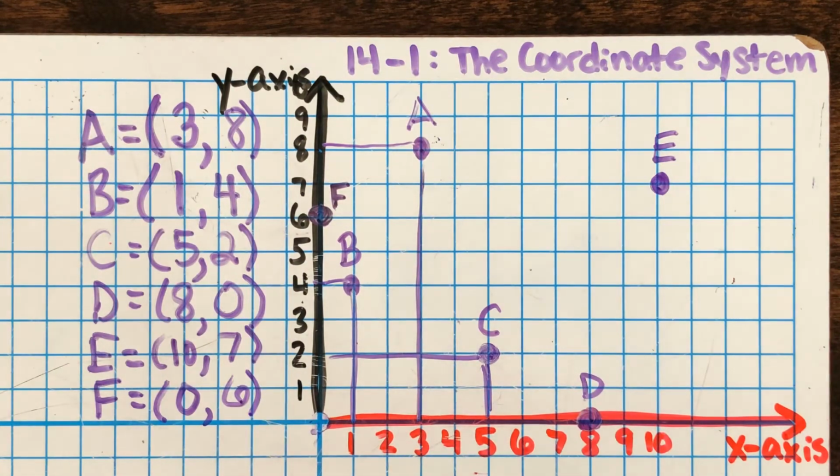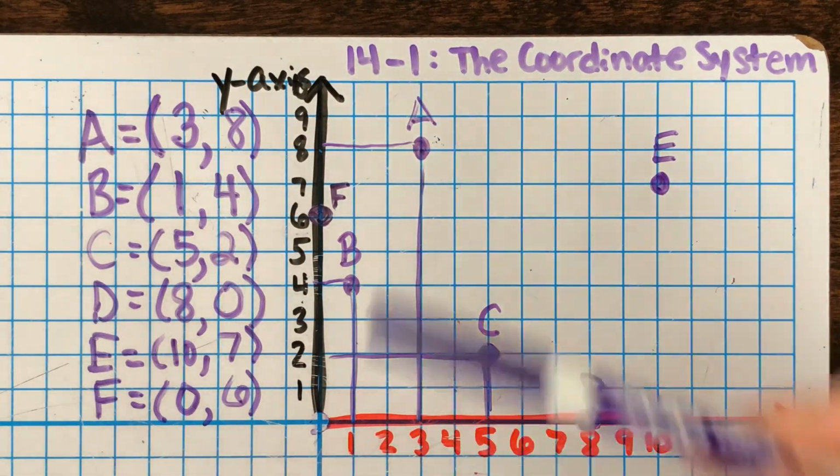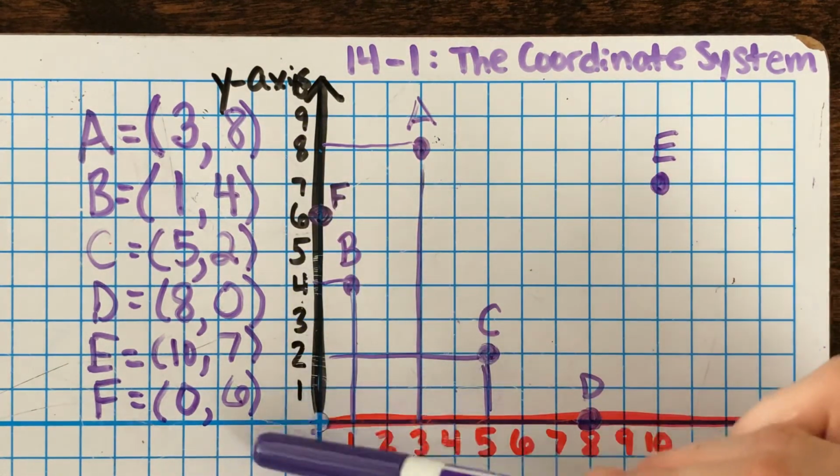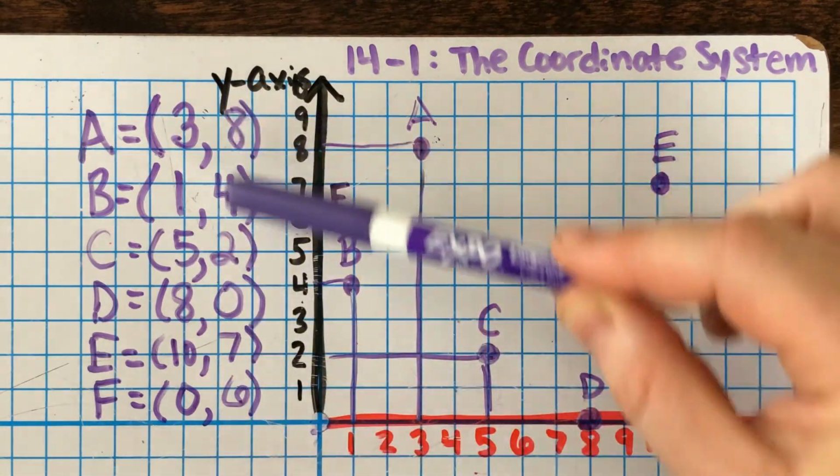All right, so what you guys are going to be doing right now is completing a Google form, and you're going to be given a bunch of ordered pairs on a coordinate grid. And I'm going to ask you questions such as, what is the ordered pair for A? What is the ordered pair for C? And you're going to just have to type in what the ordered pair is.